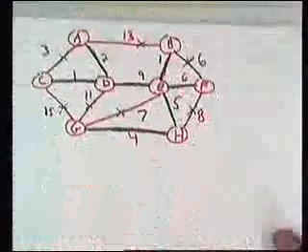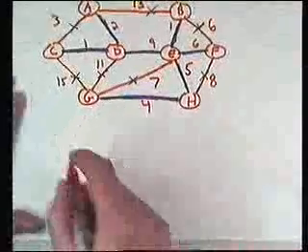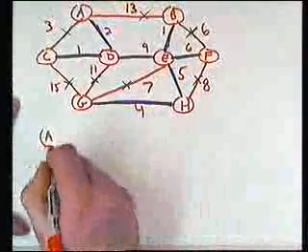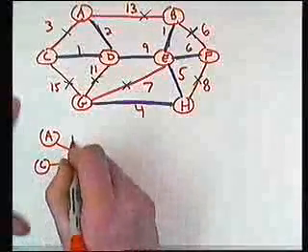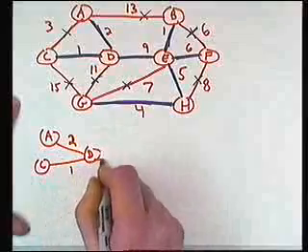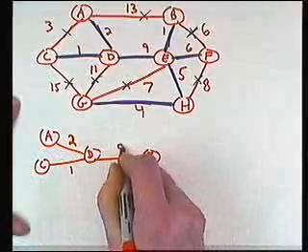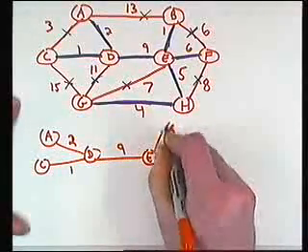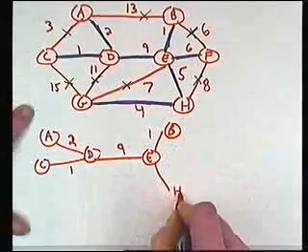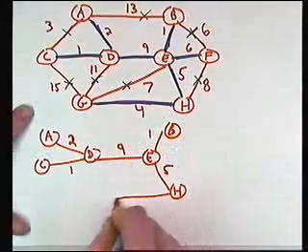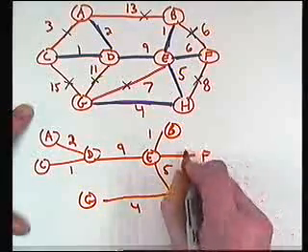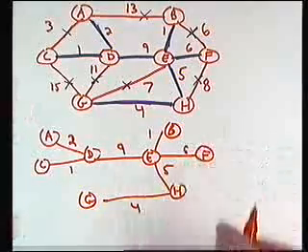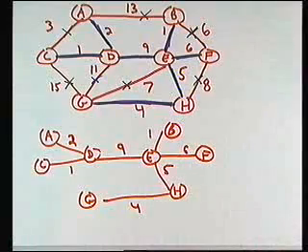And so that leaves us with this, and the final minimum spanning tree is now A, D, C. Here's 2, 1, 9, B, H, here's weight 5, G we have here is weight 4, and F here of weight 6. And if you'll notice now, we don't have any more edges to consider because we're done with everything.